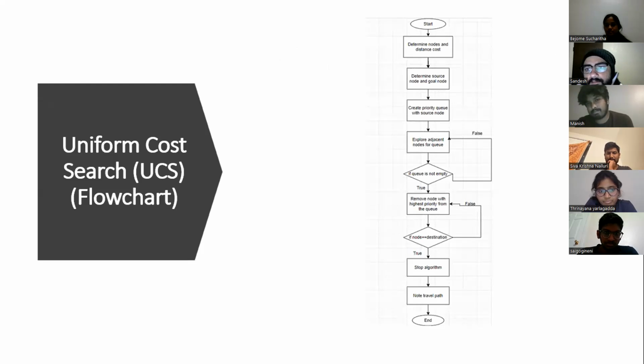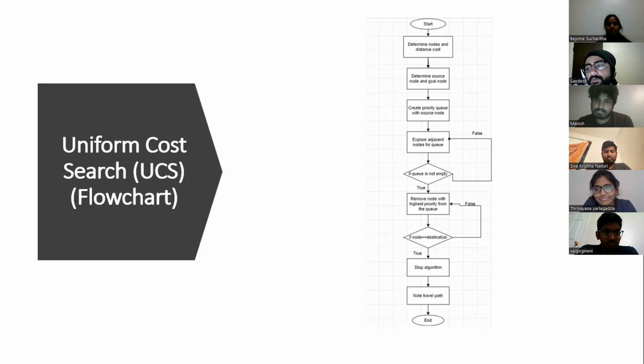As you can see in the flowchart, the algorithm begins by determining nodes and distance costs, and then it determines the source node and the goal node, and then it creates a priority queue that begins with the source node, which has distance cost 0 since it's the source node. Then it starts exploring the adjacent nodes from the queue.